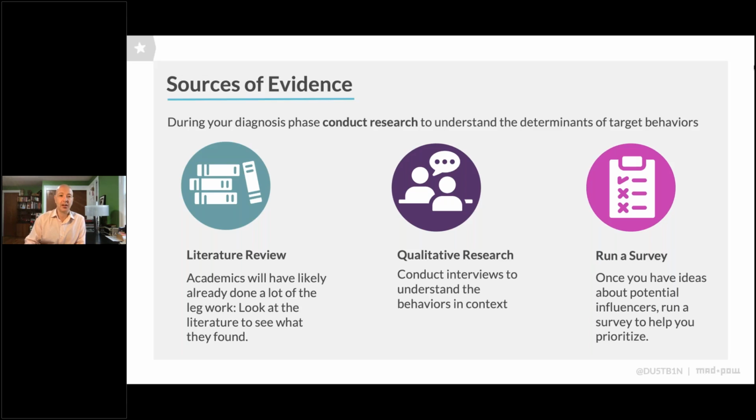Academics have likely done some amount of work there. So it's great to dive into the literature to see what behaviors, what underlying factors, what techniques have been used already.